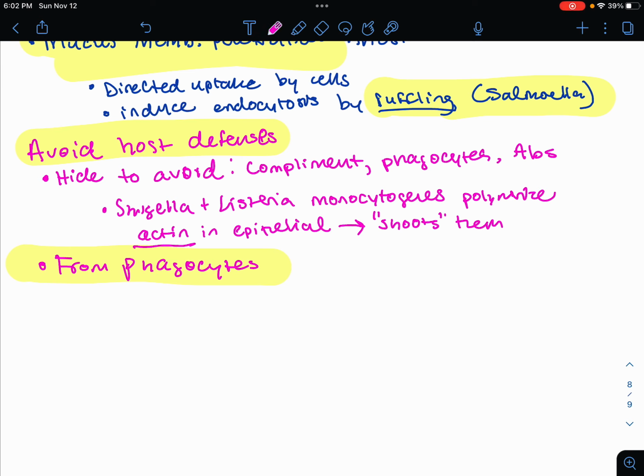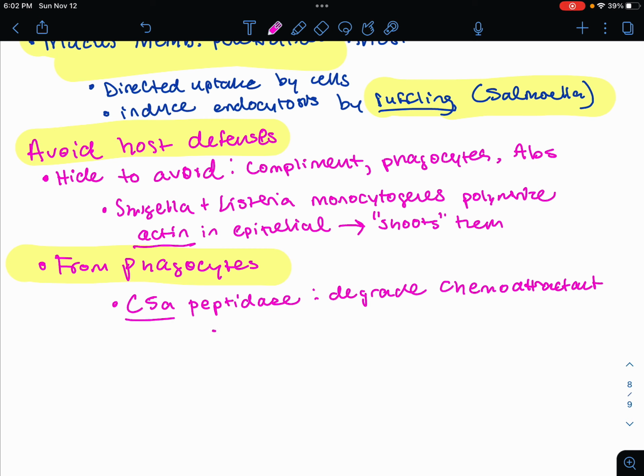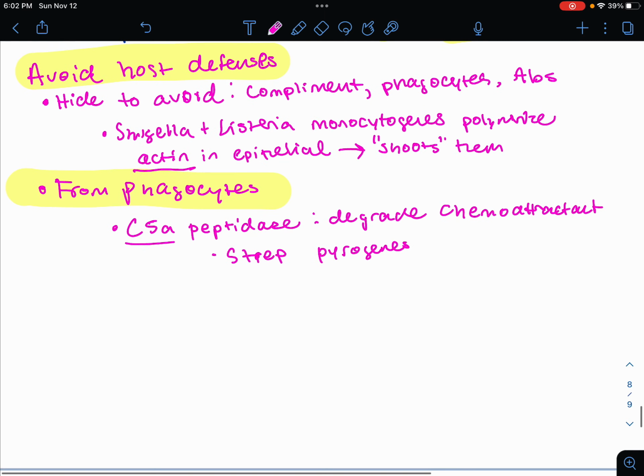So we're going to be using a C5a peptidase to degrade the chemoattractant C5a, as the name suggests. This is going to be found in Streptococcus pyogenes. And we could also have membrane damaging toxins.